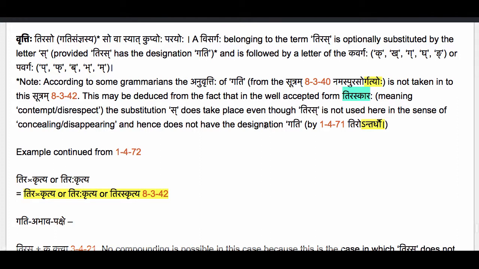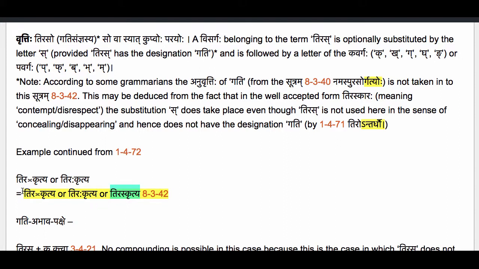Okay, right now we are at the stage where we have tirah kritya or tiraha kritya, and right now we are considering the case where tiras does have the gati sanya. So therefore 8342 comes and performs the optional substitution sa in place of the visargaha. So we get the third form tiras kritya.